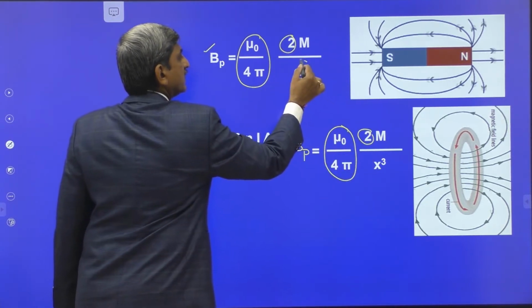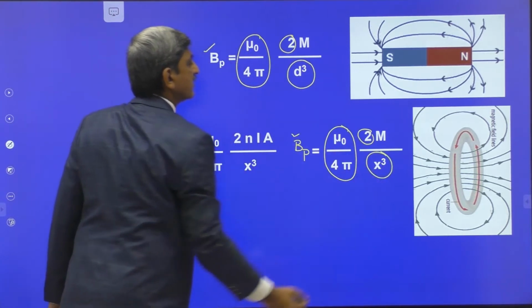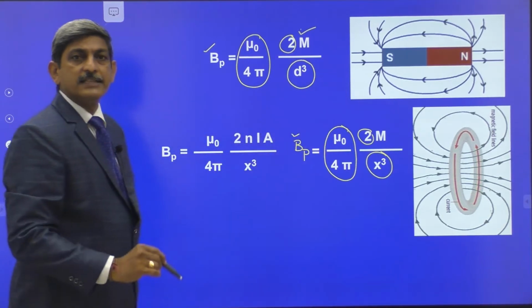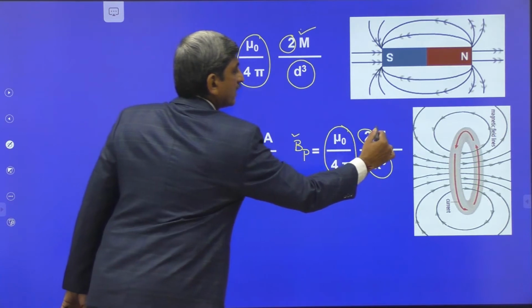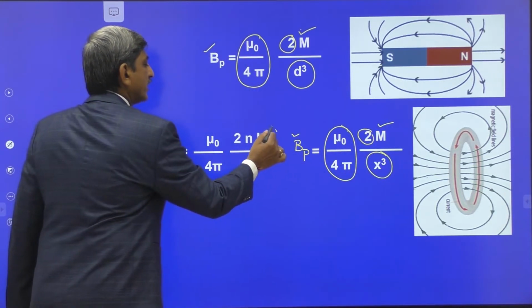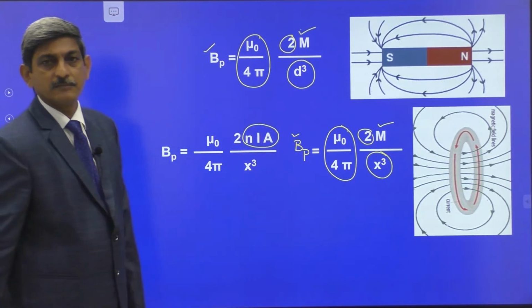In the place of the cube of the distance, here also we have the cube of the distance, whereas in the case of the magnet there is the magnetic dipole moment m in the numerator, whereas in case of the coil, in the place of the dipole moment, we have a term NIA in the equation.